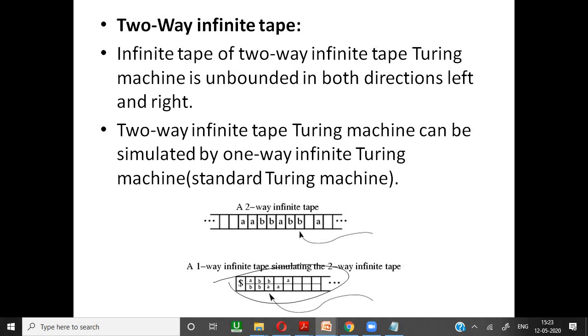If you want to read from the left-hand side, you can read it, and if you want to read from the right-hand side, you can read that as well. It is similar to the standard Turing machine, so we don't have any advantage here. Why? Even with a normal Turing machine, it is possible to take the right-hand element or the left-hand element. So we can do it here, and we can do it normally as well.